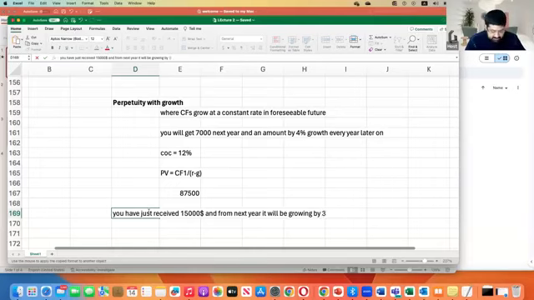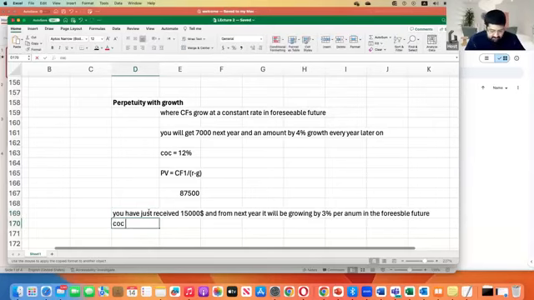Okay, make it 3% per annum in the foreseeable future. Cost of capital is 15%. Calculate present value of the perpetuity.